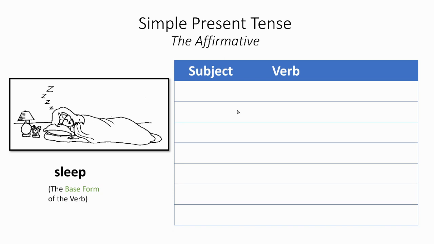Okay, so let's practice the simple present tense with the different subjects. I sleep a lot. You sleep a lot. He sleeps a lot.